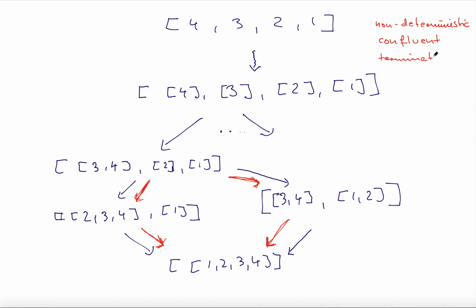So then another interesting feature of this algorithm is that it's terminating. So how do we know that it's terminating? This is because there's a way to measure the size of the computation, how the size of the computation decreases. And this is the number of inner lists is decreasing with each step.